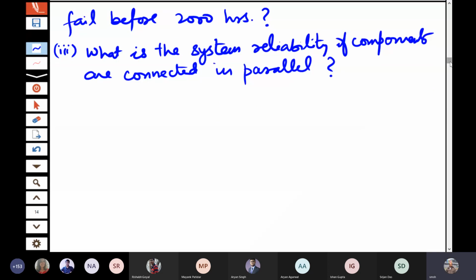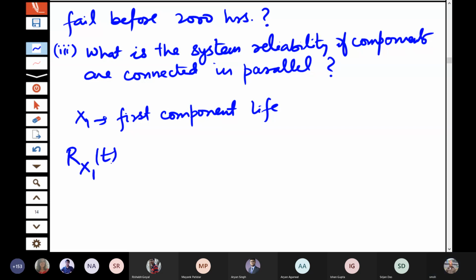So let us look at the solutions here. The first one is a Weibull distribution. So if I consider x1 as the first component life, then what is the reliability of this? That is e to the power minus alpha t to the power beta. So that is e to the power minus 0.006 t to the power half.